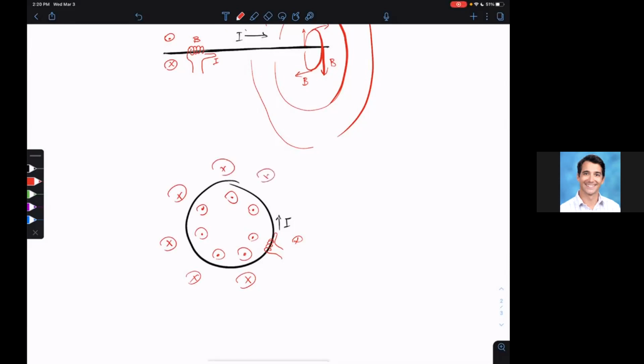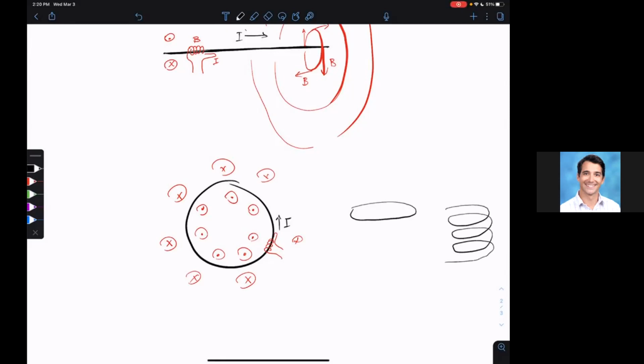All of those upward-facing magnetic fields in the middle add up together. If I turn it slightly on its side, here's my coil, and if we do lots of them, we could see this as a lot of coils of wire.